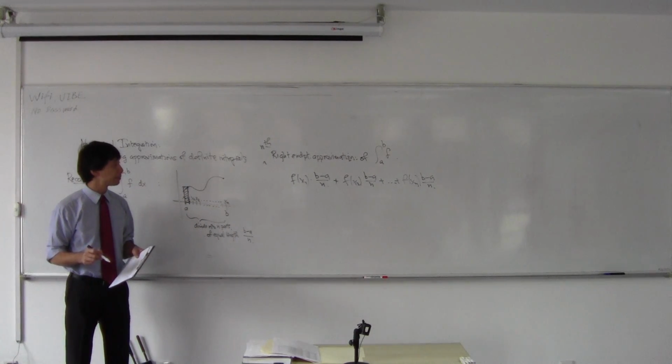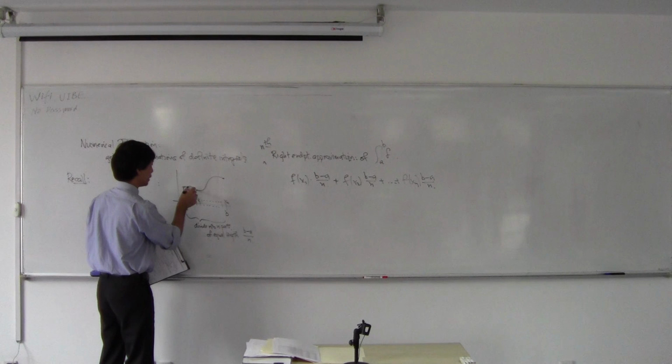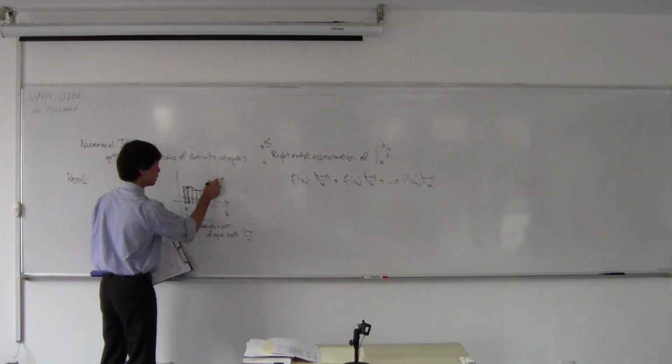You see how the picture is going to look: you take the right endpoint, make a rectangle, take the right endpoint, evaluate it, make a rectangle, and so on.